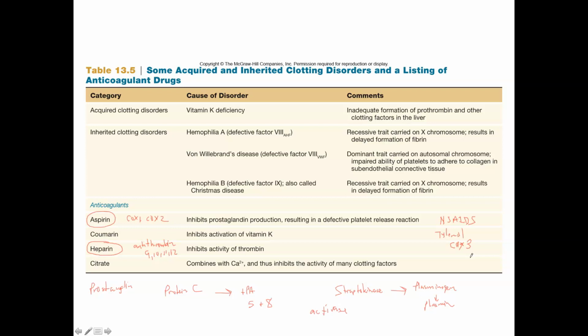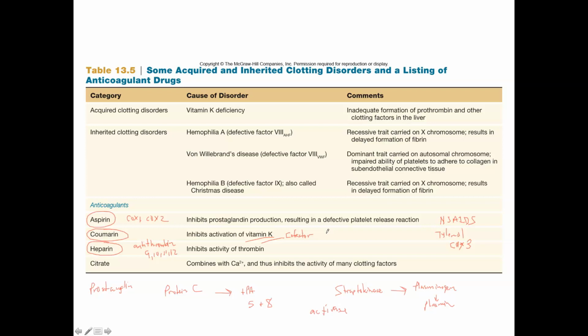Another example of an anticoagulant would be things like coumarin or warfarin, trade name warfarin. These particular medications inhibit vitamin K activity. Vitamin K is actually a cofactor for the synthesis in the liver for a variety of clotting factors.